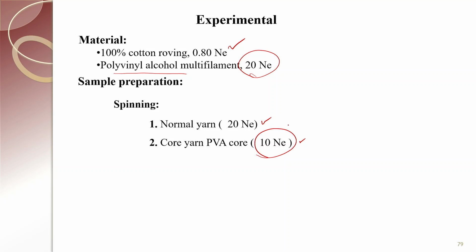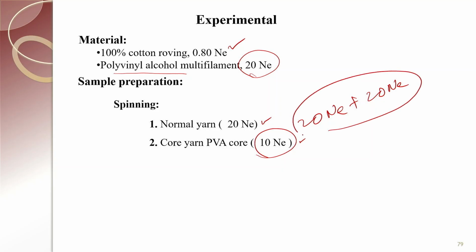That means the core yarn has a polyvinyl alcohol core of 20 Ne, and the cotton sheath component will again be 20 Ne. So, the core spun yarn we produce will effectively be 10 Ne.